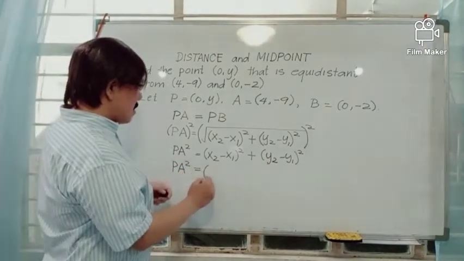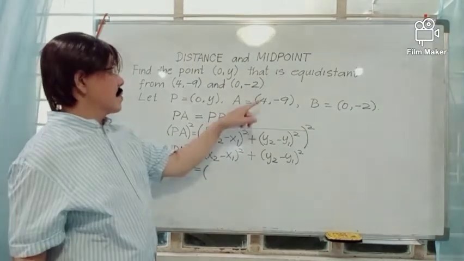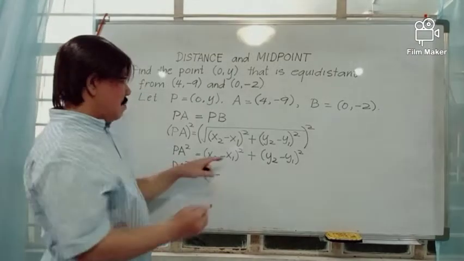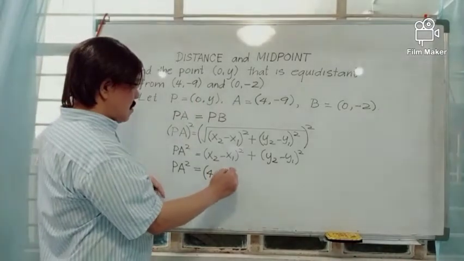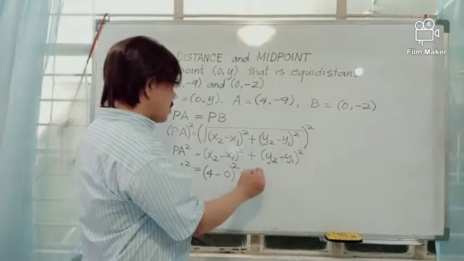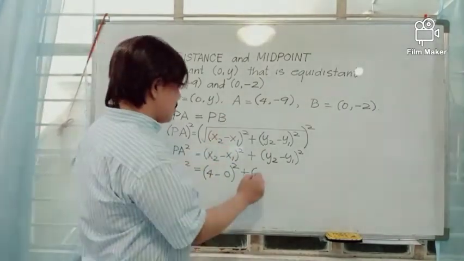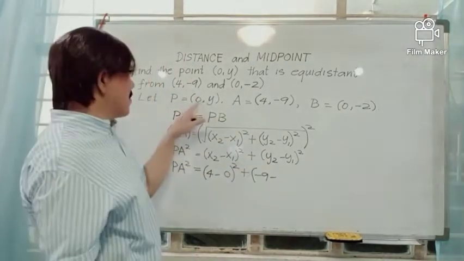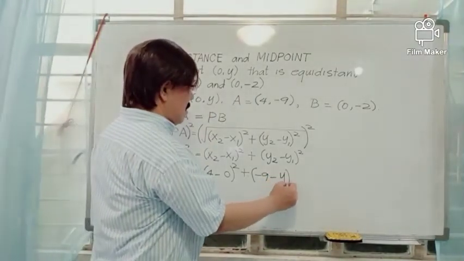Thus, the right hand side is equal to the square of x2, which is 4, minus x1, the abscissa of the first point P, which is 0, to the power 2, plus y2, the ordinate of the second point A, negative 9, minus the ordinate of the first point P, y, to the power 2.